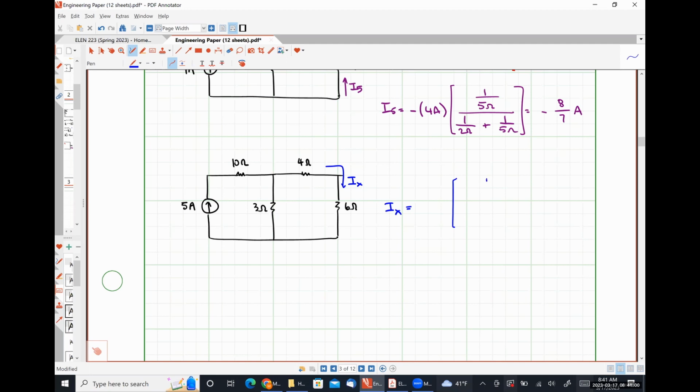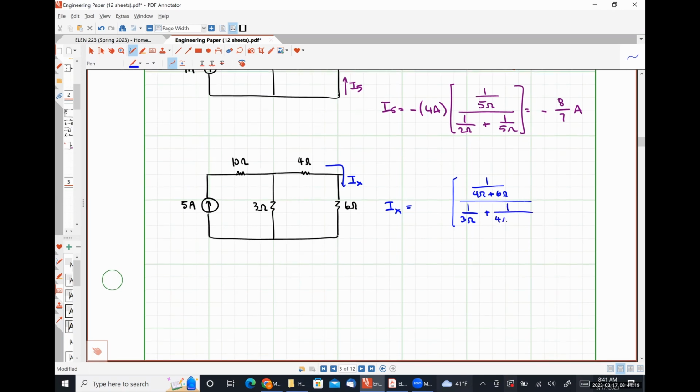The branch that I'm trying to find the current through has a total resistance of 4 ohms plus 6 ohms. And then the two branches that are in parallel are the 3 ohm branch and the 4 ohm plus 6 ohm branch.